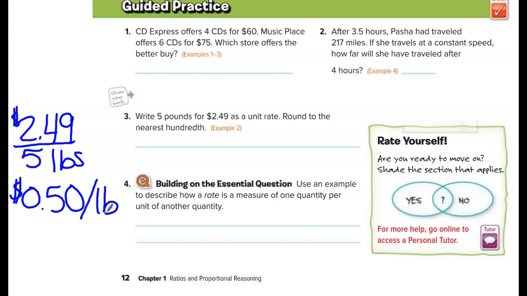Okay, and then number 4 says use an example to describe how a rate is a measure of one quantity per unit of another quantity. Anybody brave enough to share their answer? Julia, what'd you say? It's not even better than that.